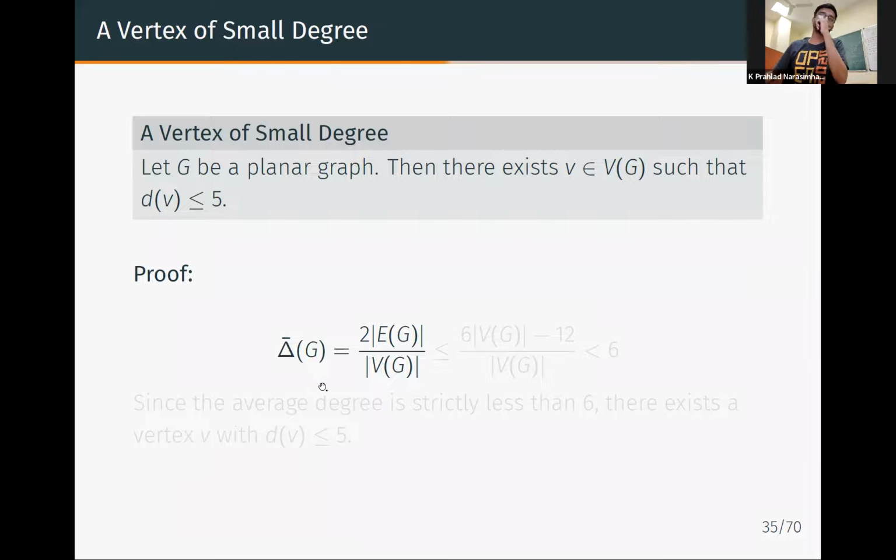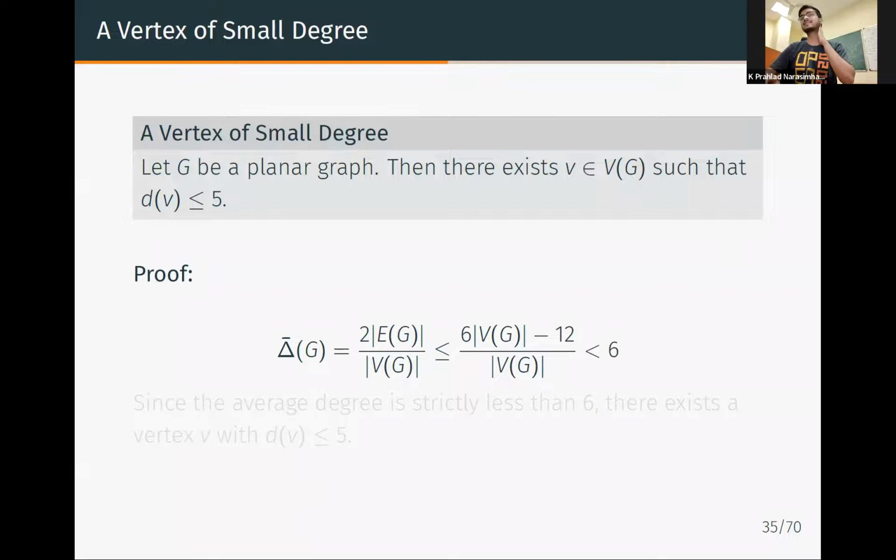What do we know? We know that the average degree is 2 times the ratio of edges to vertices. And using the corollary that came from Euler's theorem, we can bound 2 times the number of edges. If you remember, the number of edges was bounded above by 3 times the number of vertices minus 6. Therefore, this is at most 6 times the number of vertices minus 12, divided by the number of vertices.